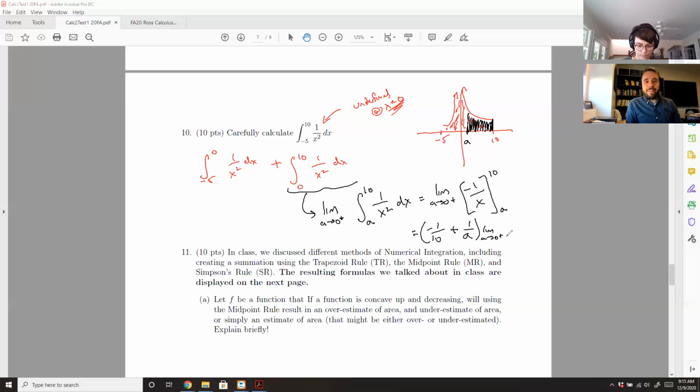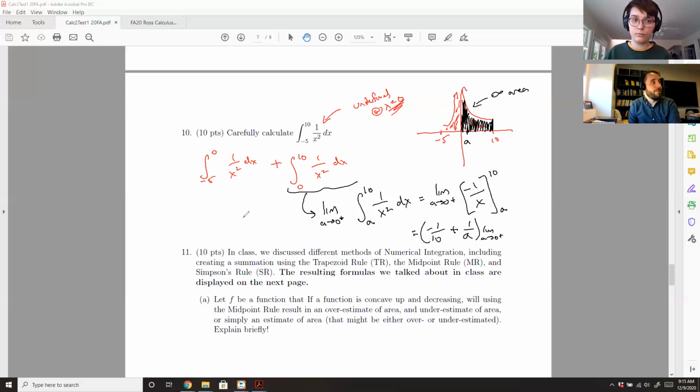As a goes to 0, that denominator gets smaller and smaller, so this half of the integral gets bigger and bigger and blows up to infinity. This side actually has infinite area, and our integral diverges.